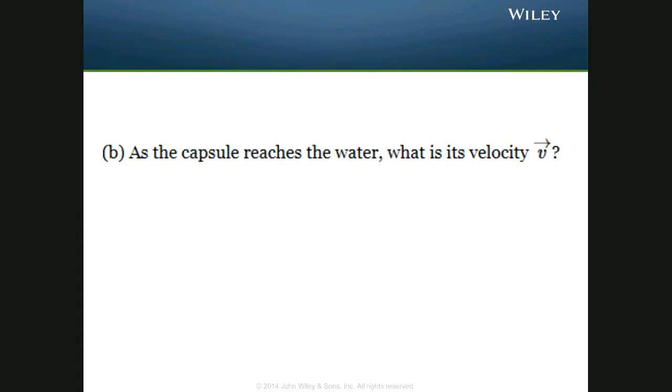So now it wants to know, as the capsule reaches the water, what is its final velocity? So this is interesting.